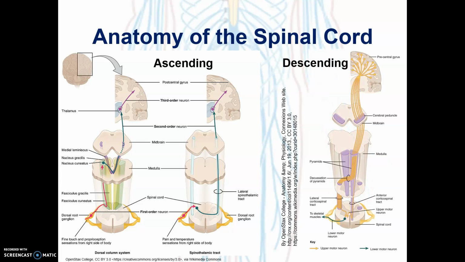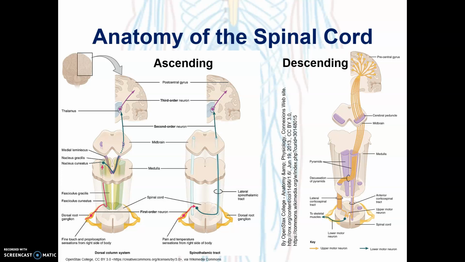The main descending tract is the pyramidal or corticospinal tract. The fibers originate in the precentral gyrus of the cerebral cortex.